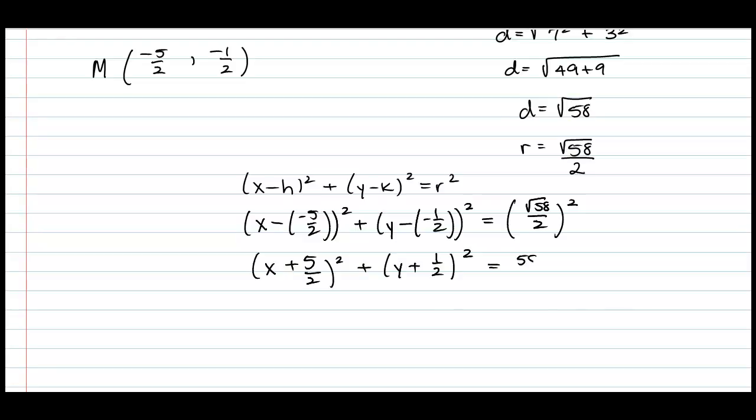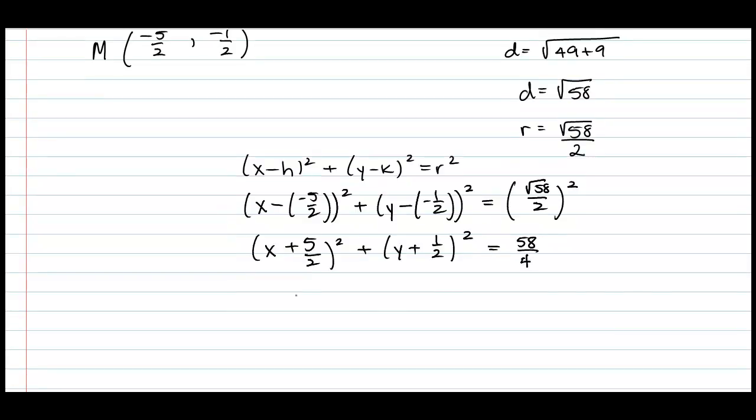That gives me 58 over 4. And my final answer is x plus 5/2 squared plus y plus 1/2 squared is equal to 29 over 2.